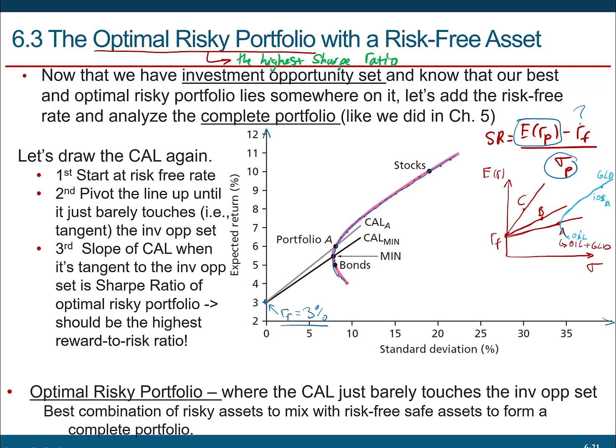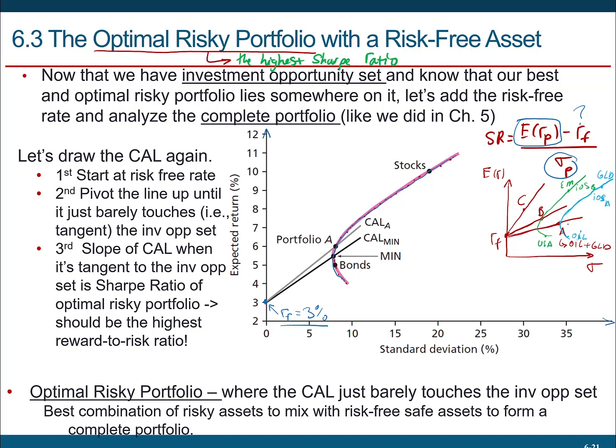Asset B, for instance, is made out of two other assets and also represents another investment opportunity set, IOS B, for instance. And it's made out of, I don't know, let's put it, USA stocks and, say, emerging markets stocks, EM, emerging markets.